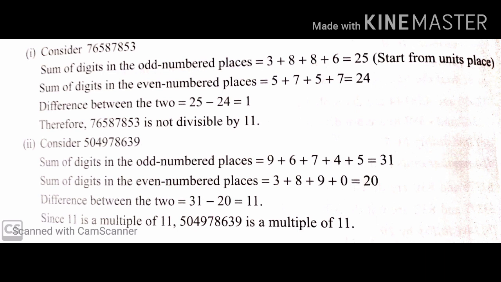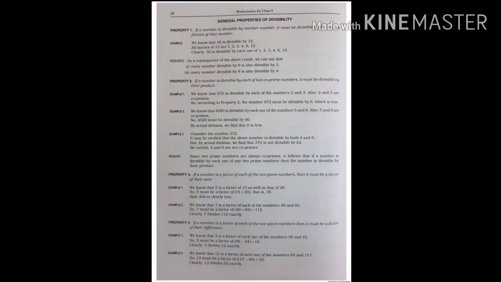Consider a number 50,49,78,639. Sum of the digits in the odd places is 31 and sum of the digits in even places is 20. So difference, 31 minus 20, is 11. So this number 50,49,78,639 is divisible by 11.